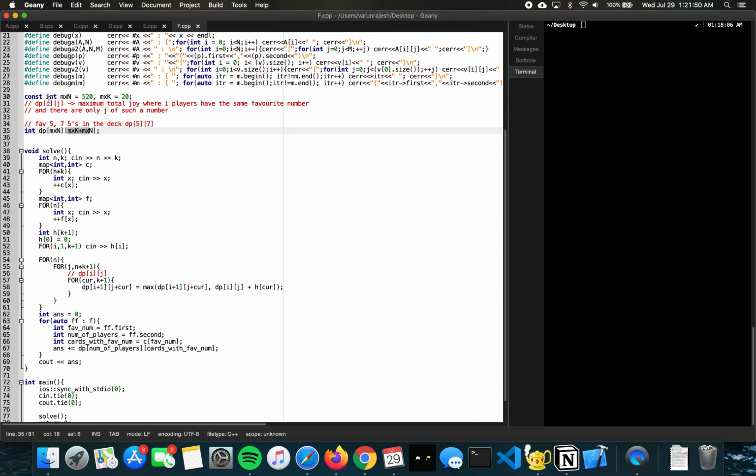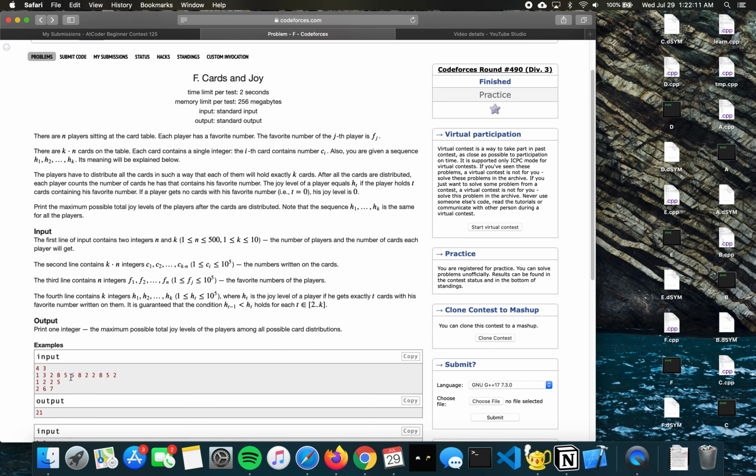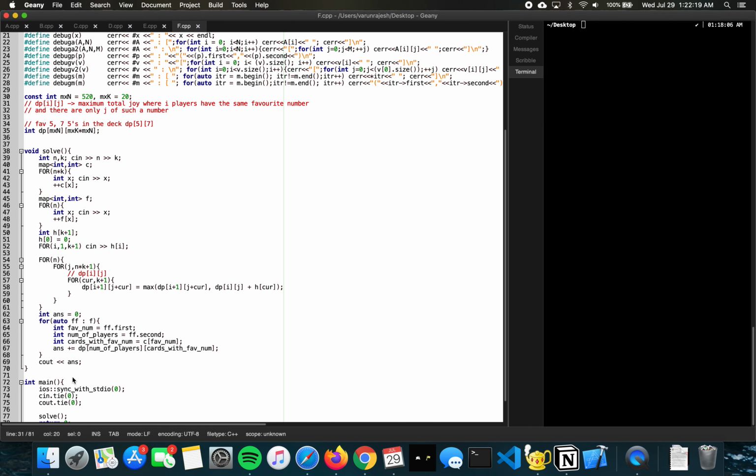So what does that mean? dp[i][j], let i be this, j be this, is the maximum total joy of i players that have the same favorite number, such that there are only j of that number in the deck. Here again, there are 3 fives in the deck, and only one person has the favorite number 5, so dp[1][5] would be what we're looking for to calculate that specific maximal joy.